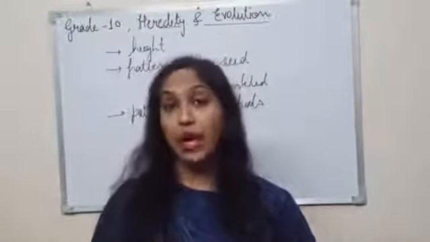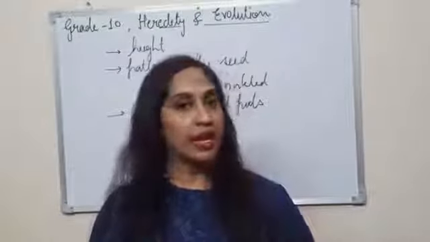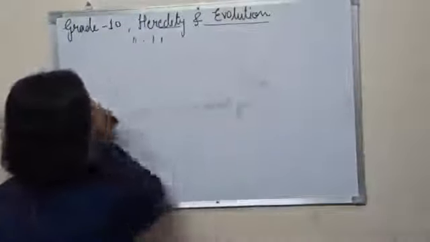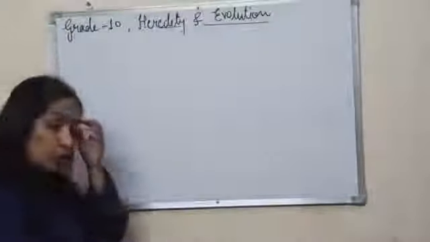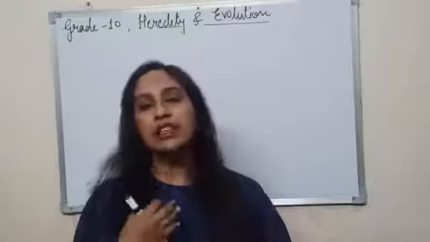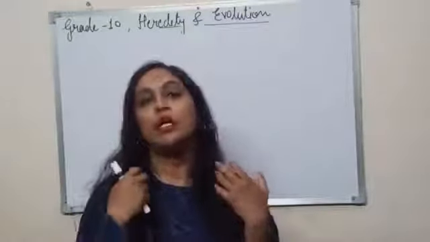In this chapter, we are going to discuss 2 basic laws of inheritance. Before we start the laws, we should know on what basis, on what crosses these laws were formulated.